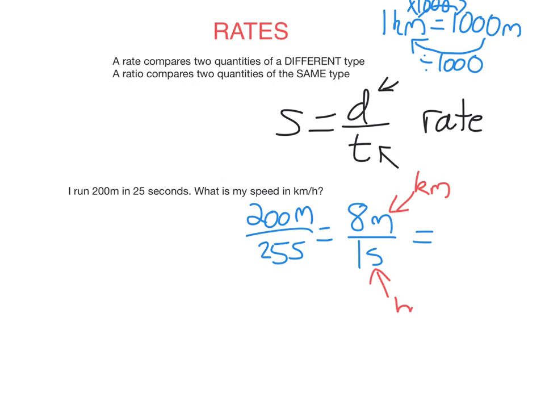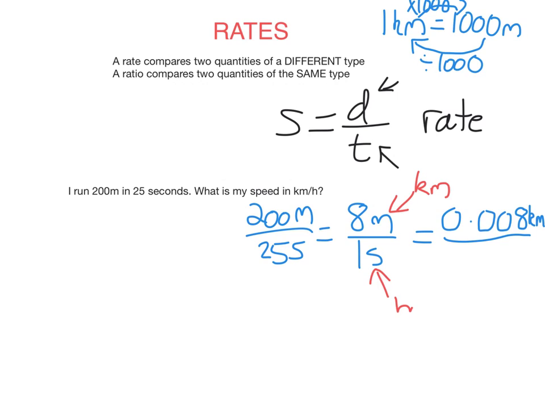So if I want to go from metres to kilometres, I divide by 1,000. So I'm going to take 8 and divide by 1,000, and I get 0.008. So 8 metres is 0.008 kilometres.